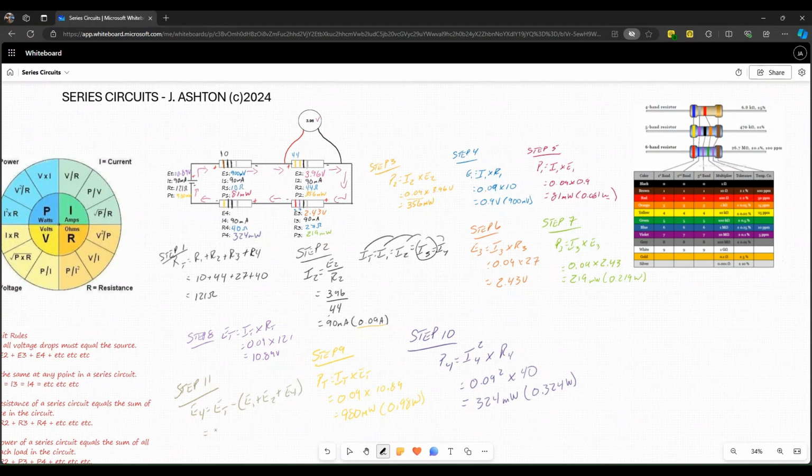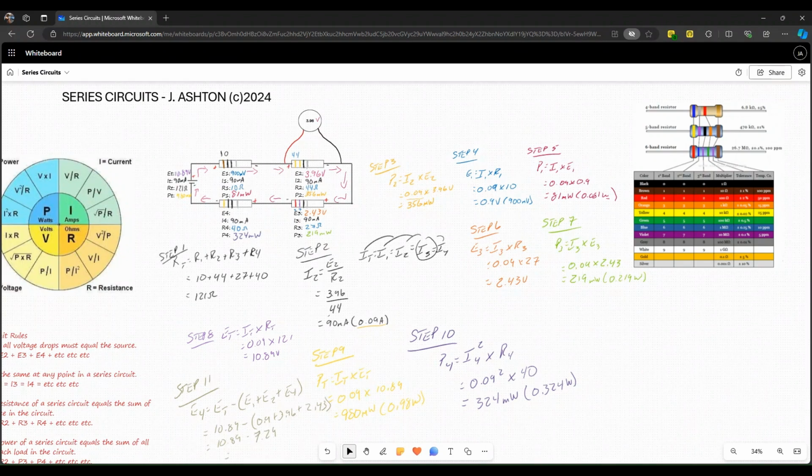So 10.89 minus the sum of 0.9 plus 3.96 plus 2.43. Let me add this up for you guys: 0.9 plus 3.96 plus 2.43 is 7.29.